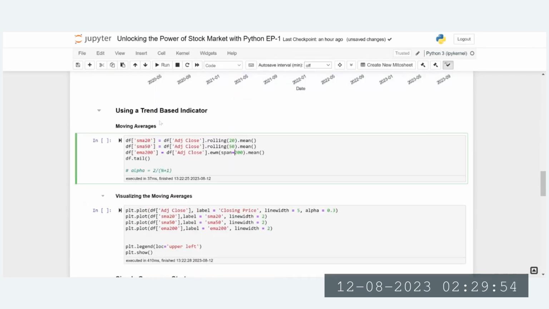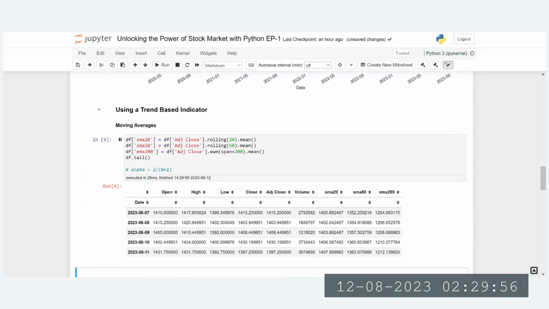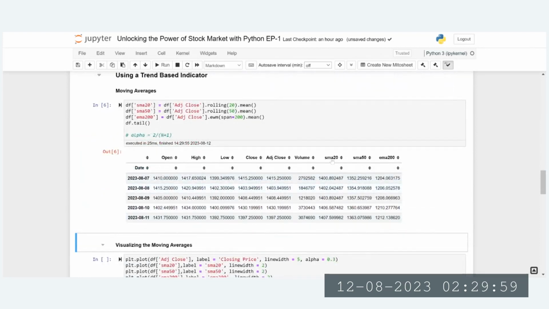So if I go ahead and create these moving averages, for every day we create 3 new pieces of information: a 20-day moving average, a 50-day moving average, and a 200-day exponential moving average. Now, this is where the decision of the number of days to calculate an average on also differs.